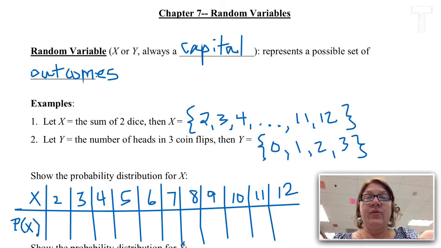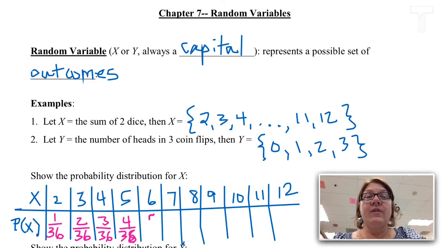But in that table there was only 1 two that showed up, so the probability of a 2 happening was 1 out of 36. However, there were 2 threes, so their probability was 2 out of 36. There were 3 fours in my table. There were 4 fives, so 4 out of 36.